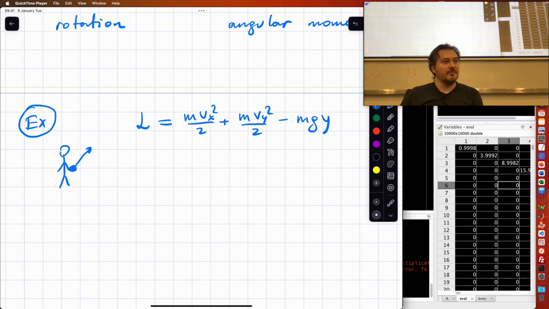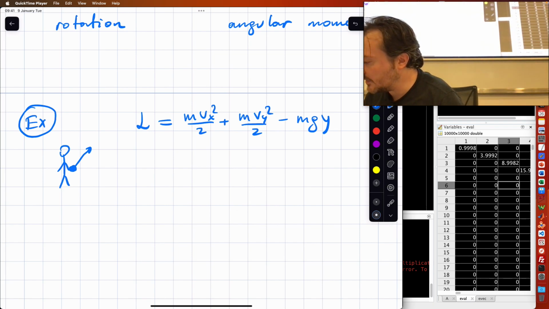Do you agree? Does this have a symmetry in x? Remember, the symmetry in x is that if I change the x coordinate, the action doesn't change. Does it depend on x? Not vx. Vx doesn't count. Vx is another coordinate. Does it depend on x? No. Does it depend on y? Yes. So there is no symmetry in y, but there is a symmetry in x.